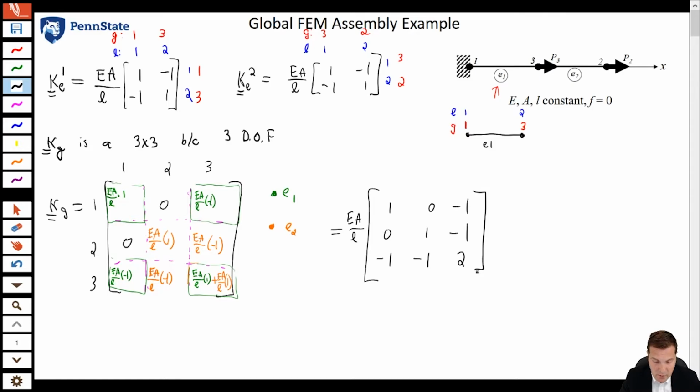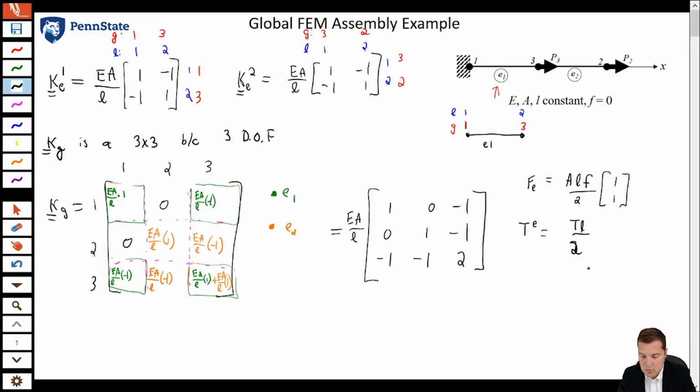Now we want to move on to the forces and the tractions. Our force and our traction are going to be, in the general form, Fe equals AL times F over 2, times 1, 1, and our traction for the element is TL over 2, times 1, 1. So we just need to use the equation.